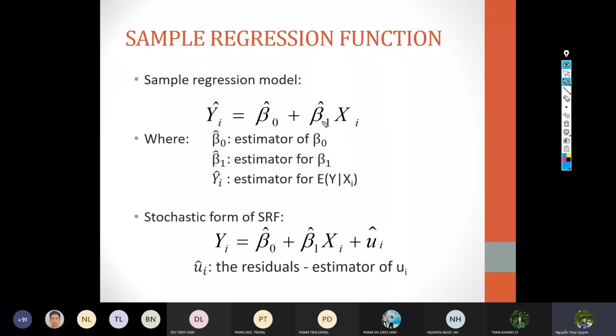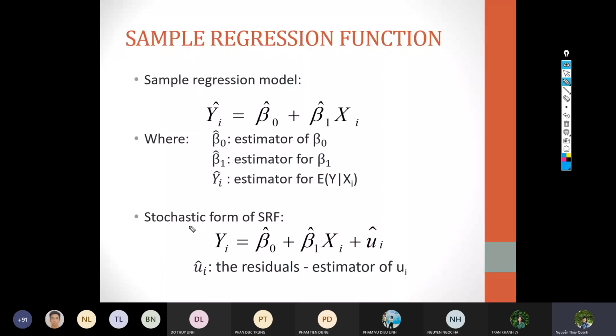All right, we have ui hat. Remember that the difference from the population regression function is that here we have beta 0 hat plus beta 1 hat multiplied by the observed value of x. Also, like the population regression model, the sample regression model also has a stochastic form.